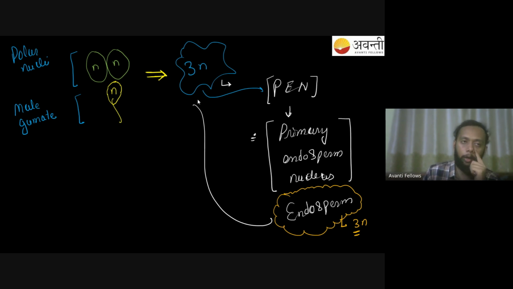Now endosperm is something which is going to nourish the embryo. Please know this very carefully and remember this very clearly: the role of the endosperm is to nourish the developing embryo.